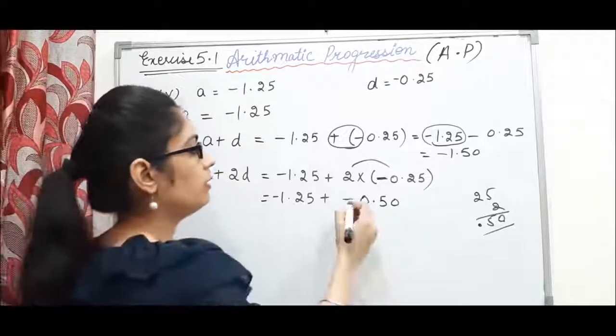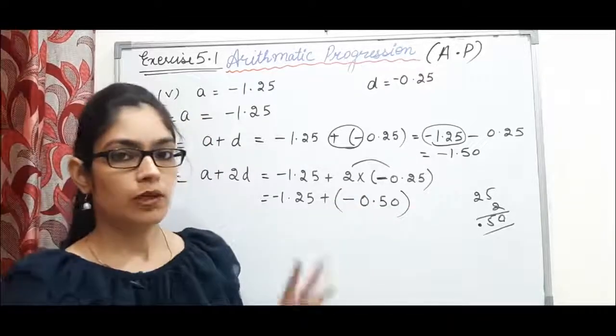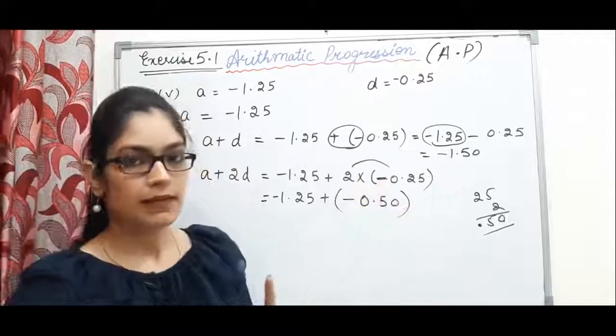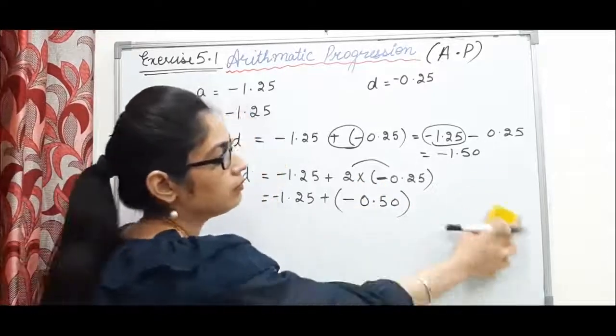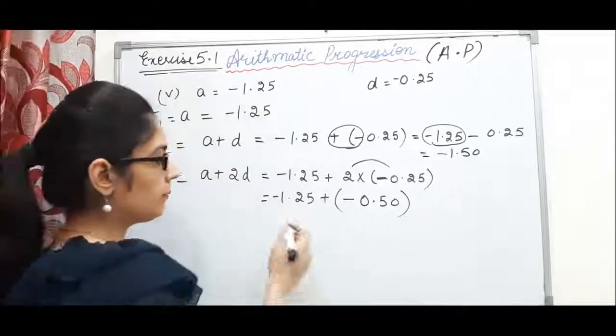So, with our answer also the minus sign will come, because in multiplication whenever only one minus sign is there, with our answer also we have to write the minus sign, because the answer will be negative in that case.